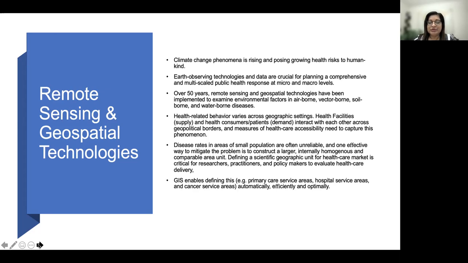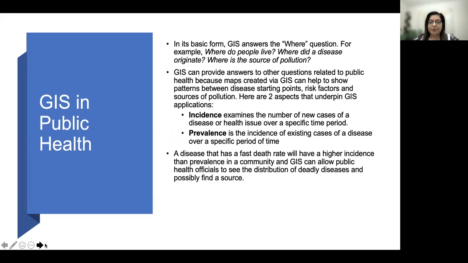So GIS, or Geographic Information Systems, enable defining this, that is, primary care service areas or hospital service areas or cancer care, emergency, and so on, automatically, efficiently, and optimally. In the basic form, GIS answers the where question.